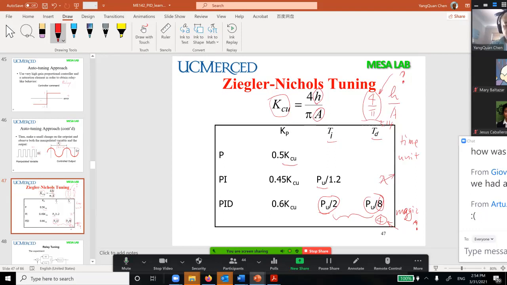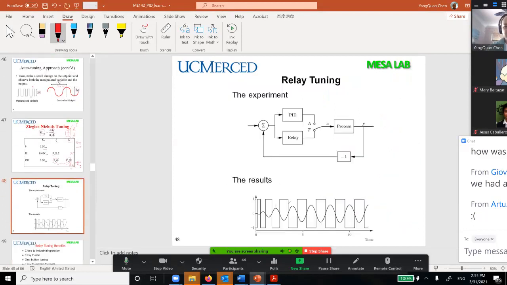So people did lots of study on that. So it's called a modified Ziegler-Nichols. So you can see this relay feedback is less dangerous. It's widely used in industry. So here is our starting point for today.